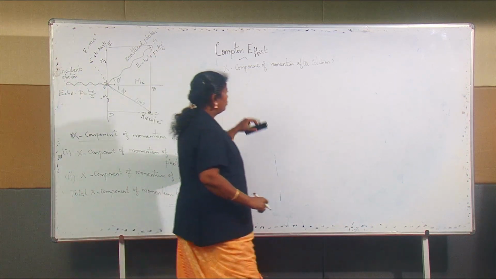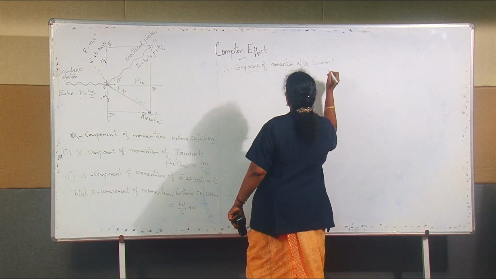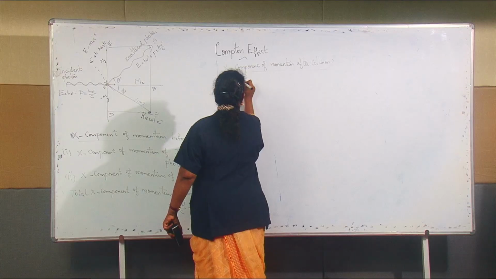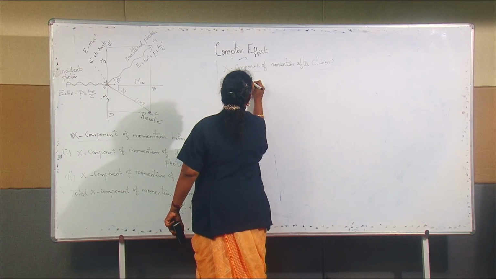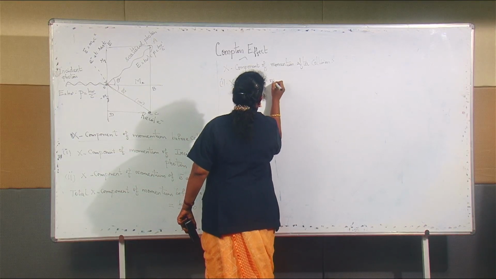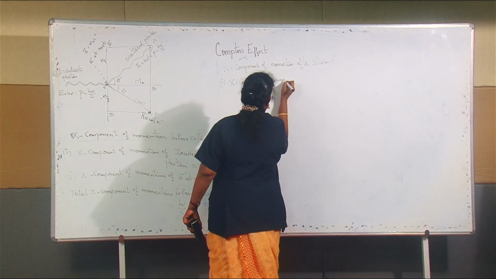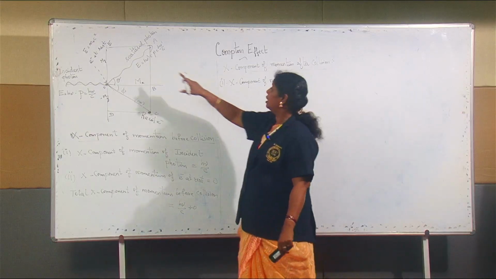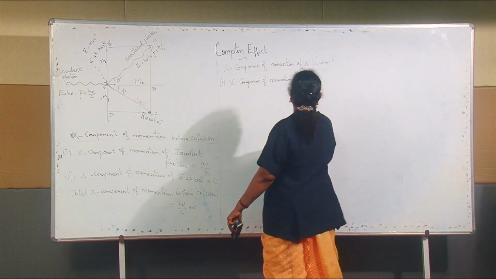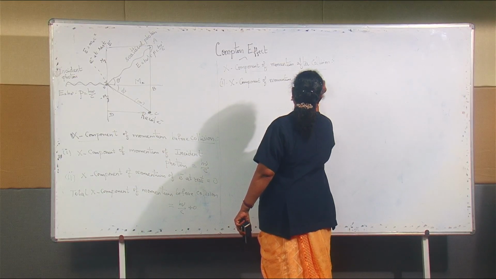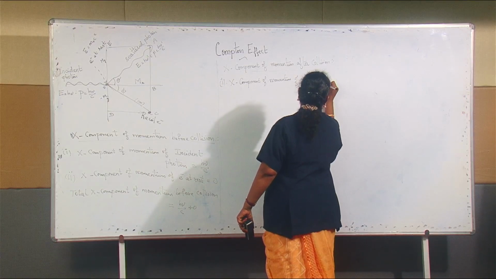So, the x component of momentum after collision. Here the first thing is the x component of momentum of the scattered photon.